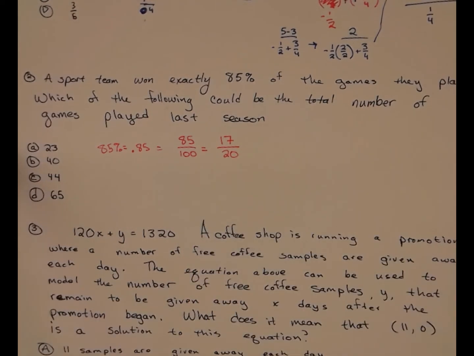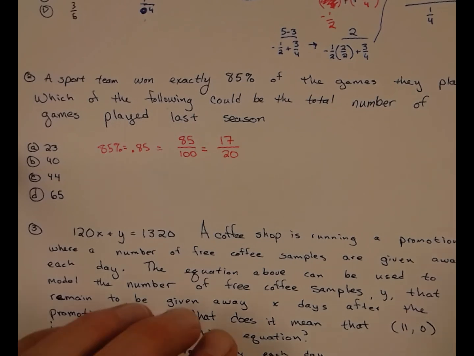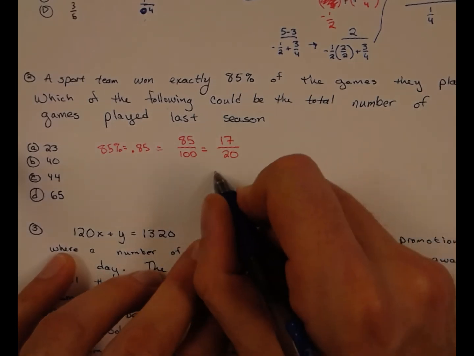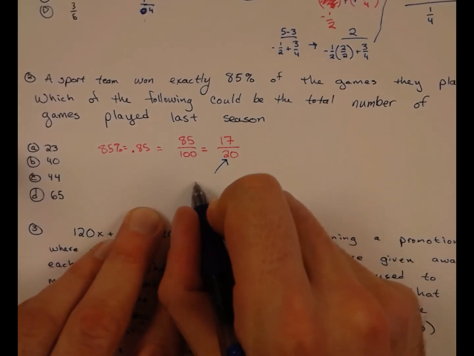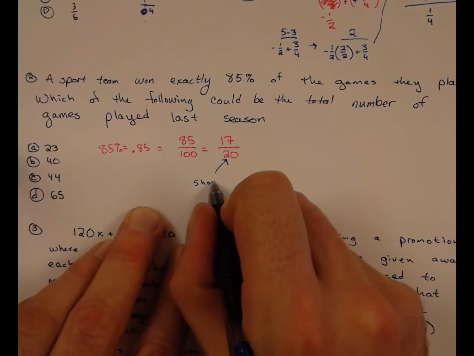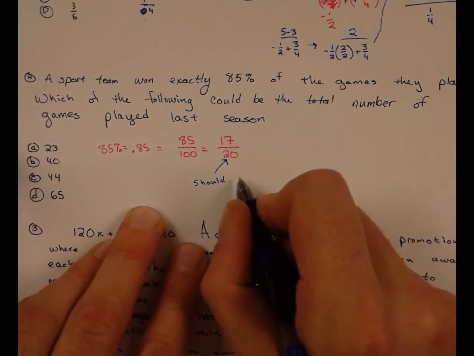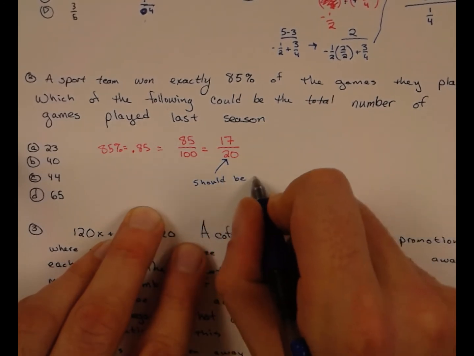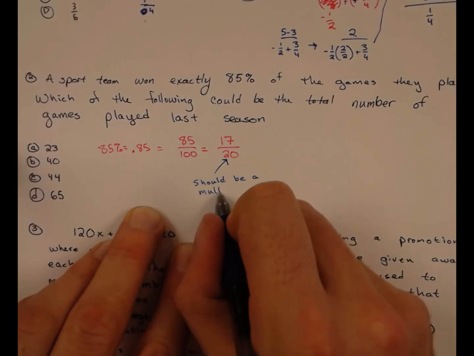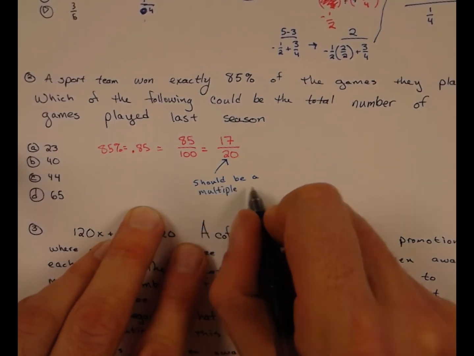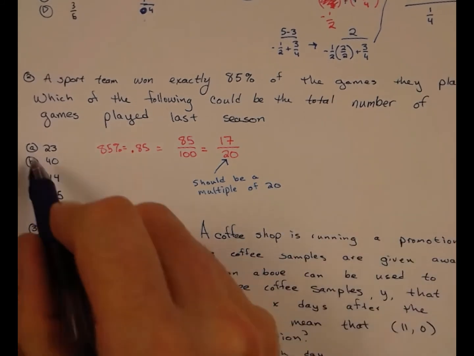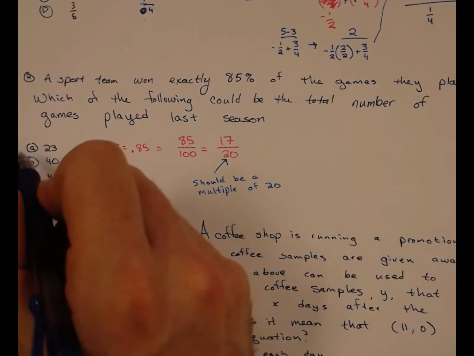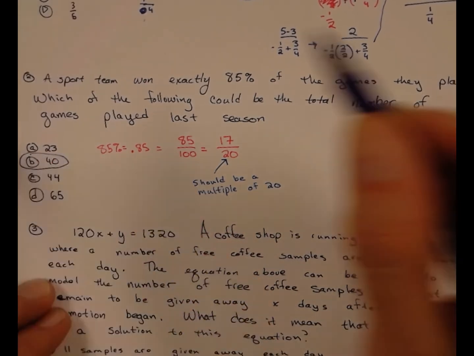So 85% as a fraction represents 17 out of 20. The total number of games should be some multiple of this denominator. And the only number in our little list that is a multiple of 20 is, of course, 40. And that is the answer.